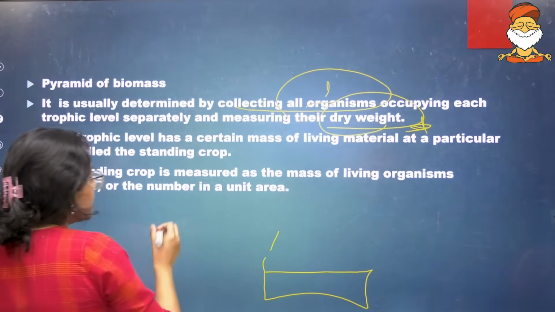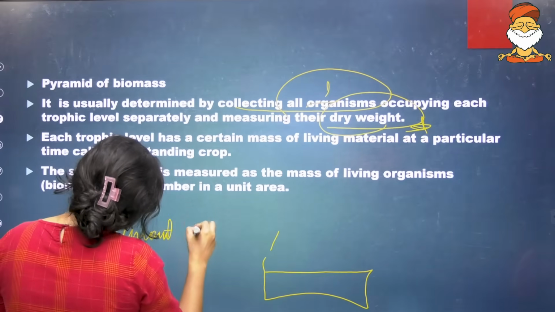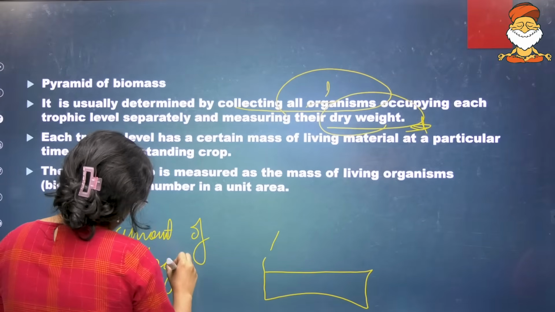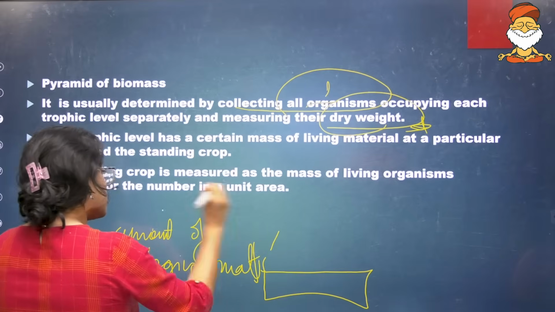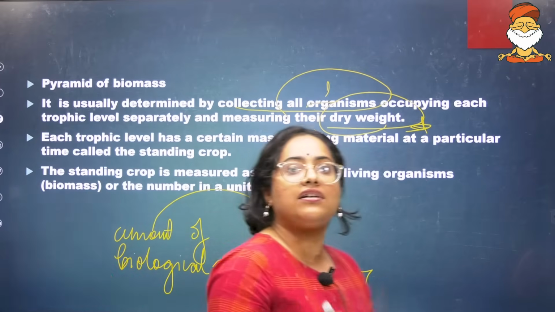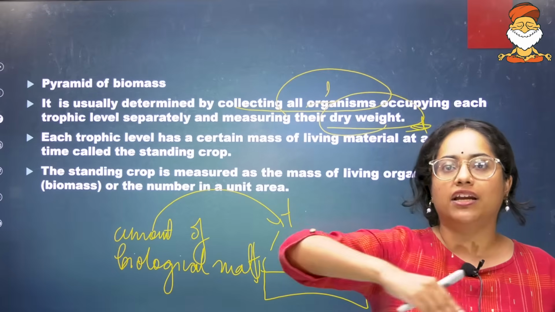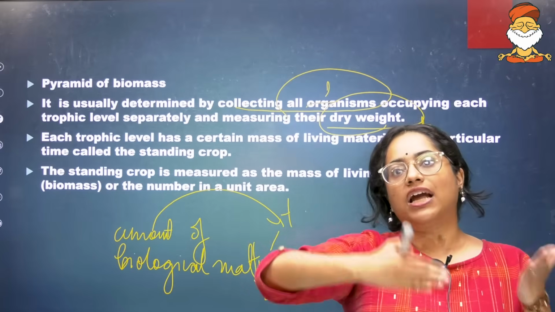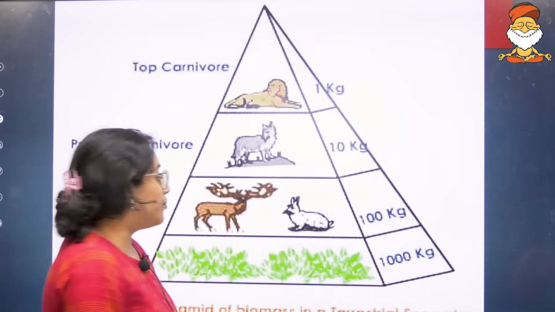Okay, that means the amount of biological matter that can be used in the next trophic level. Each trophic level has a certain mass of living material, and that is what will be utilized by the next trophic level. So you are ideally measuring your different biomasses.